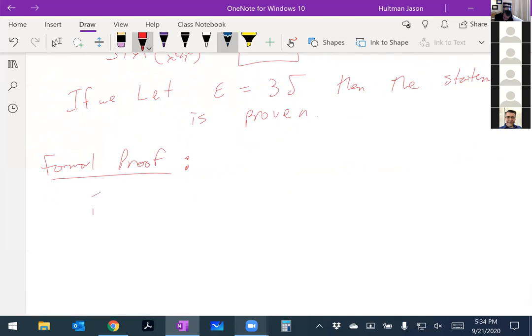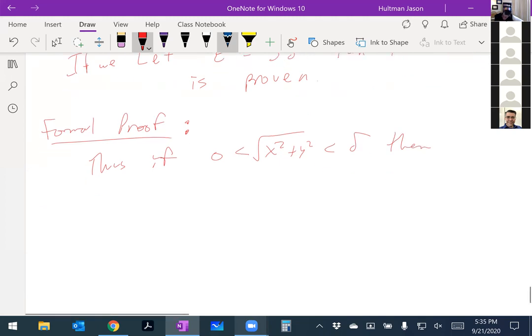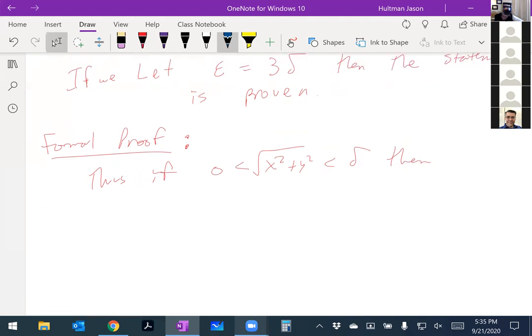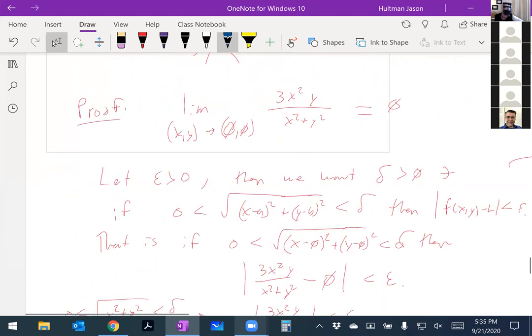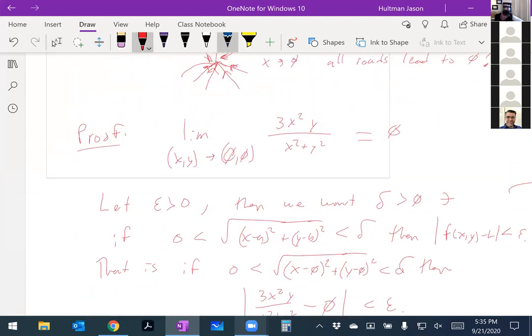And we say thus. Thus what? Thus, if 0 is less than, it's a hard less than, x squared plus y squared is less than delta, then what? Remember, what was the original statement that we wanted? We wanted to say let epsilon be greater than 0. Then we want delta greater than 0 such that if this, then this.